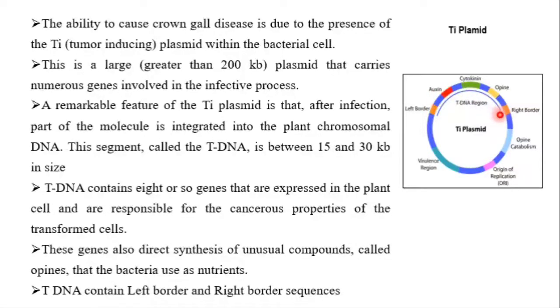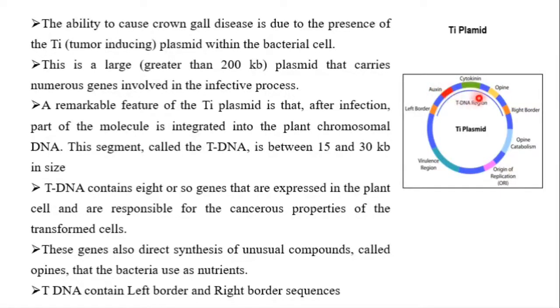Here some are not marked, and this T-DNA contains some genes, and these genes are responsible for the cancerous properties of the transformed cell, that means the plant cell. Here you can see the plant hormones auxin and cytokinin, which help in cell proliferation.